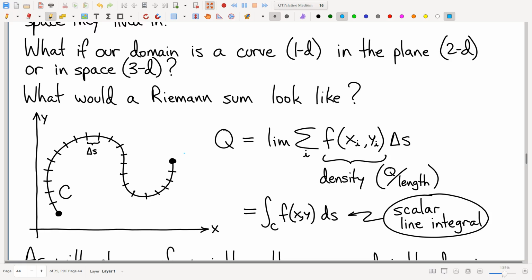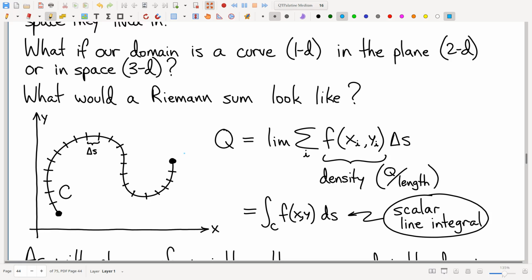Well, if you want to compute the total, you'd break it up into little small pieces. And on each little piece, I would think in terms of how much mass of cable per unit length of cable. Right? Does that make sense? And then I would add that up to get the whole.